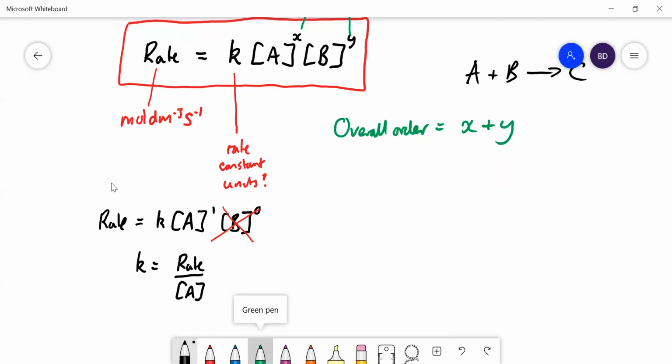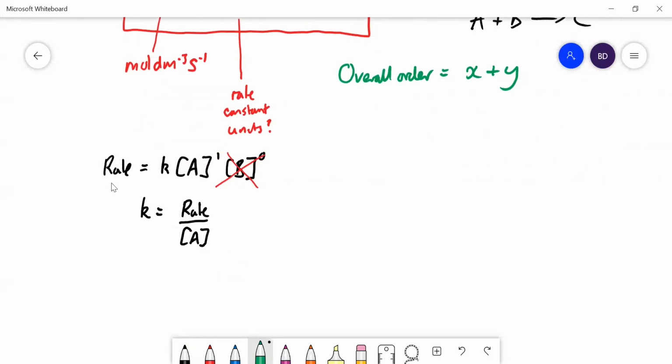The units of K must be the same as the units of this thing. So what are the units of rate over A? Rate is always moles per decimeter cubed per second, and the concentration of A is mole per decimeter cubed.